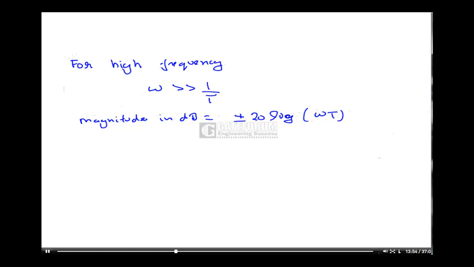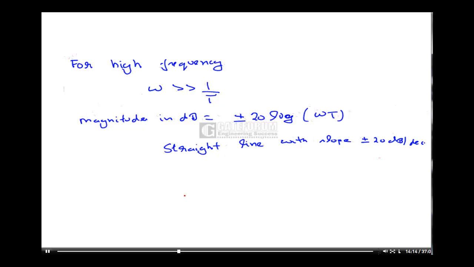Okay, this will be a straight line with slope plus or minus 20 dB per decade.